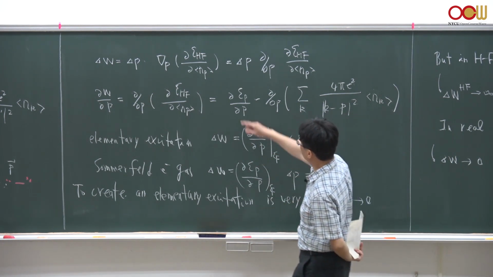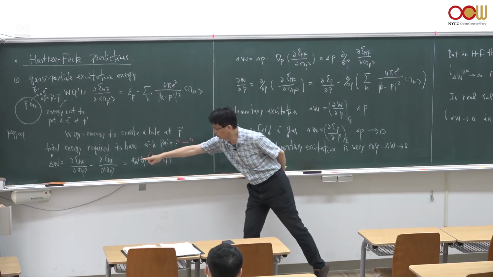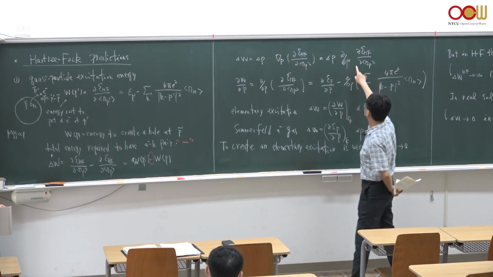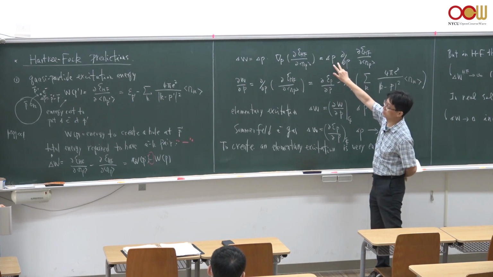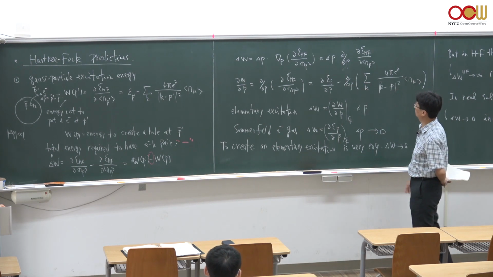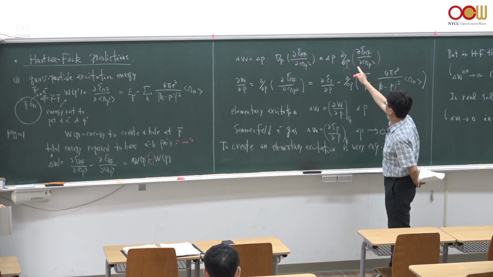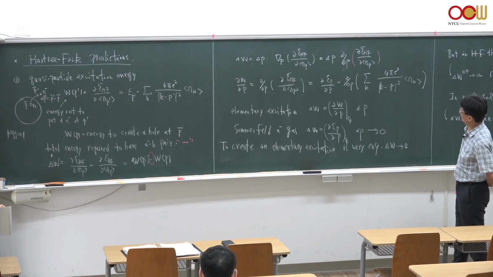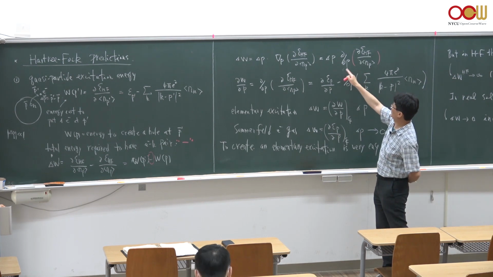And when we do that, you simply Taylor expand these two derivatives, and you get to this form, where delta P refers to the momentum difference between P and P prime, and we also need to multiply this second derivative of the Hartree-Fock energy, once with respect to the occupation, another with respect to this momentum.